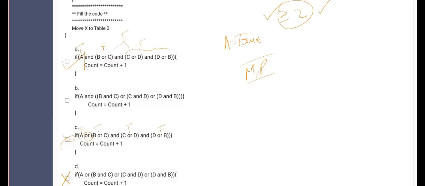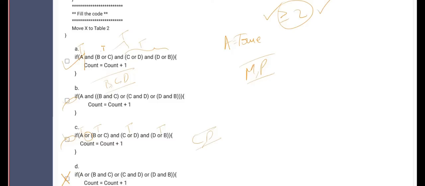Let us check option B. If A and B and C, this will not be the answer, because why? Because we needed at least 2. That means any 2 of these 3 must be true. If we take C and D to be true, then B and C is false.